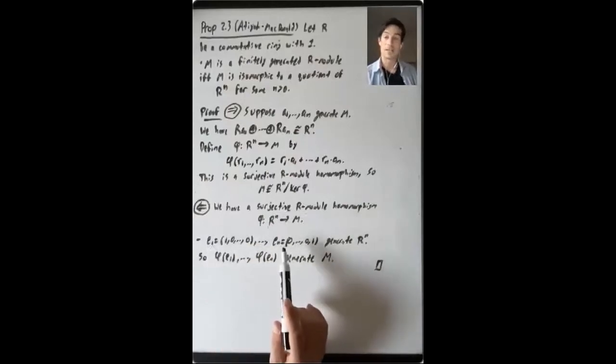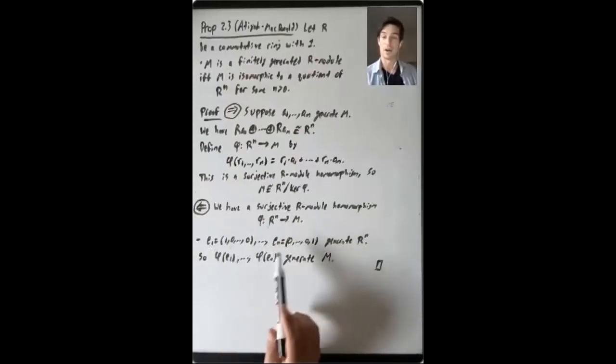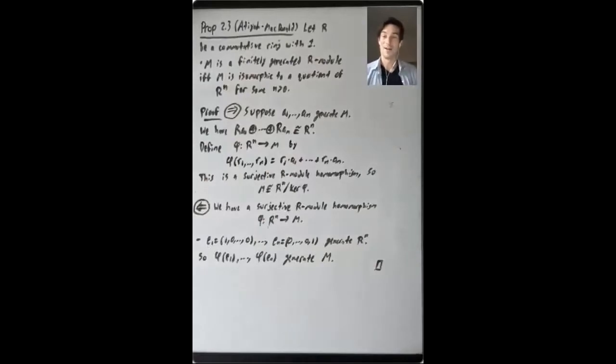And if R doesn't necessarily have a 1, it's not as clear what you're supposed to do to modify this part of the argument. So there are a lot of places in this part of the course where things are easier if you first restrict to the case where R is a commutative ring with 1. And I think trying to understand statements like this one is one good example.